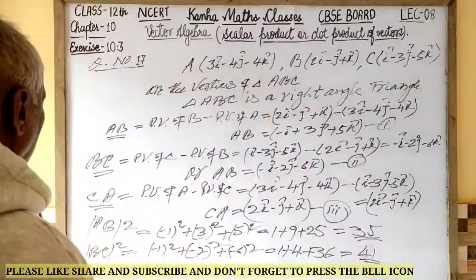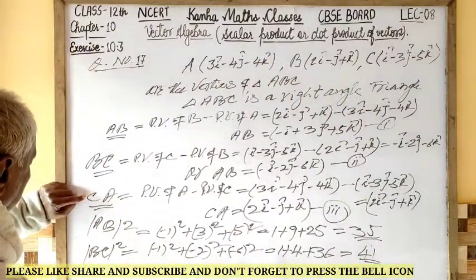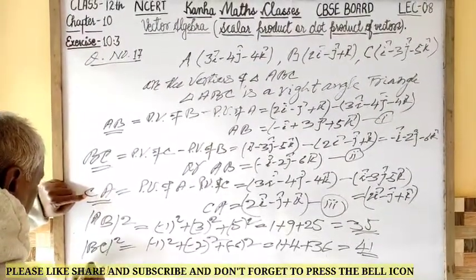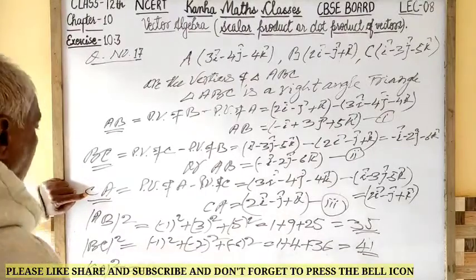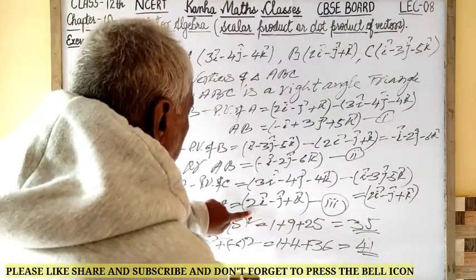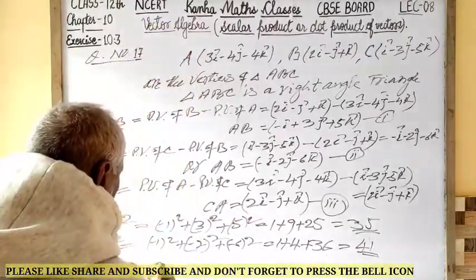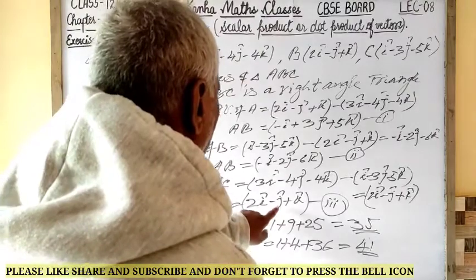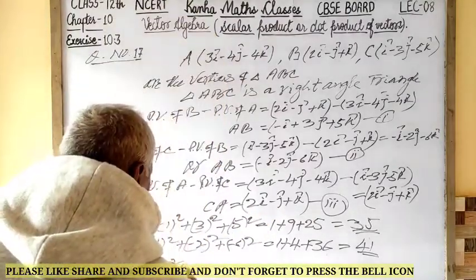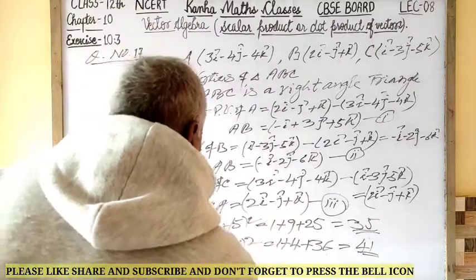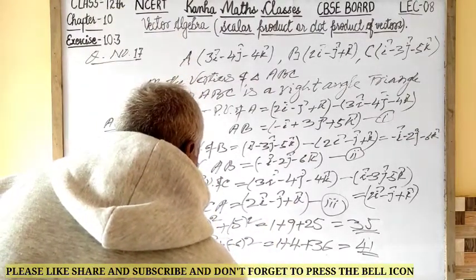And ultimately the square of the magnitude of vector CA, from equation 3, is 2 square plus minus 1 square plus 1 square.